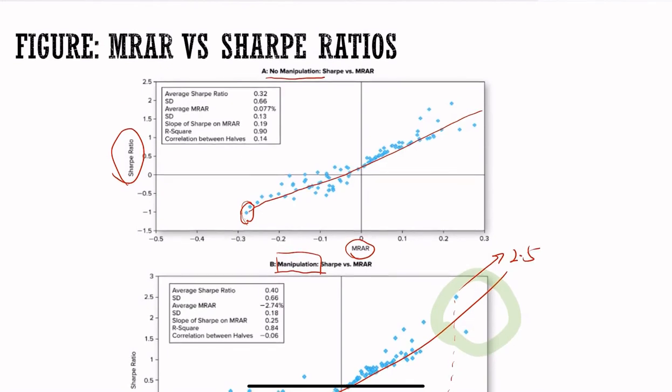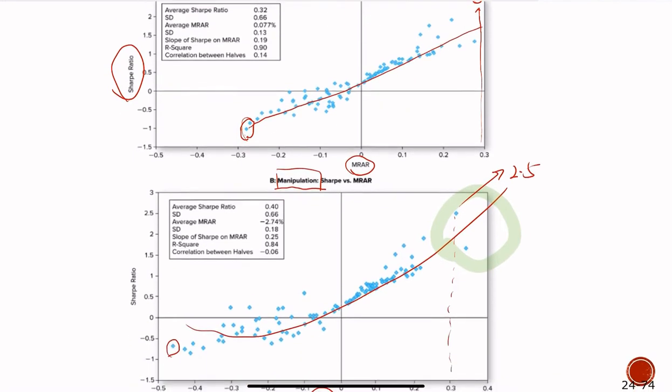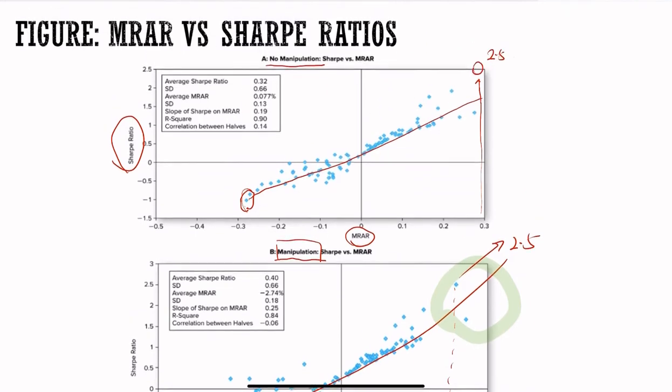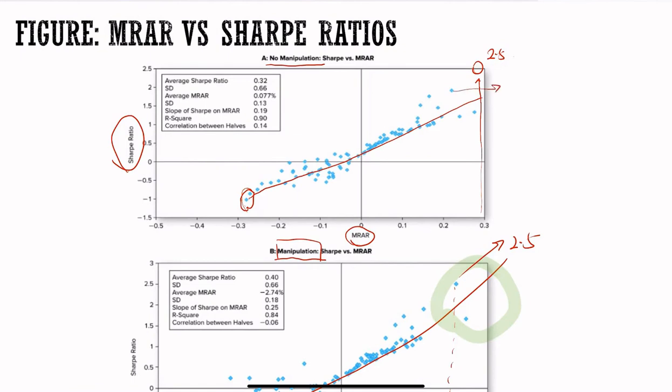Now, if you look at this, with a Morningstar measure of 0.3, you don't have a fund with a Sharpe ratio of 2.5. So this basically means that these funds, they have the same Morningstar measure, but with manipulation, they can achieve higher Sharpe ratio, right? Because the highest Sharpe ratio here is about 1.8, right? And you can see that there is indeed some manipulation going on here.